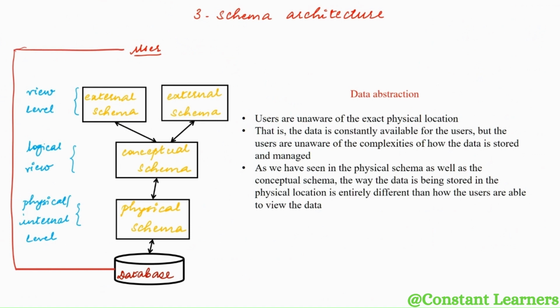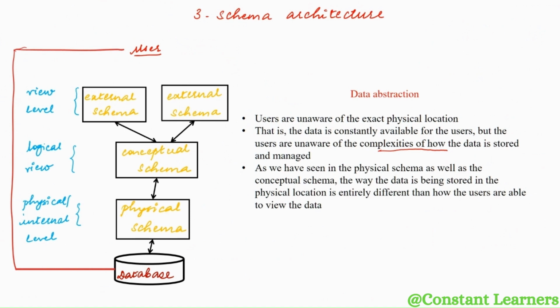That is our personal data. That is our property, right? And we have it available to us whenever we wish to, but we do not know the exact physical location of that data, right? That is, the data is constantly available for the users, but the users are unaware of the complexities of how the data is being stored and how it is being managed, right?